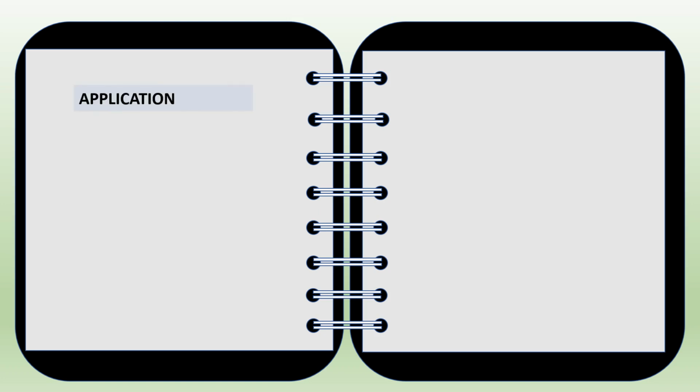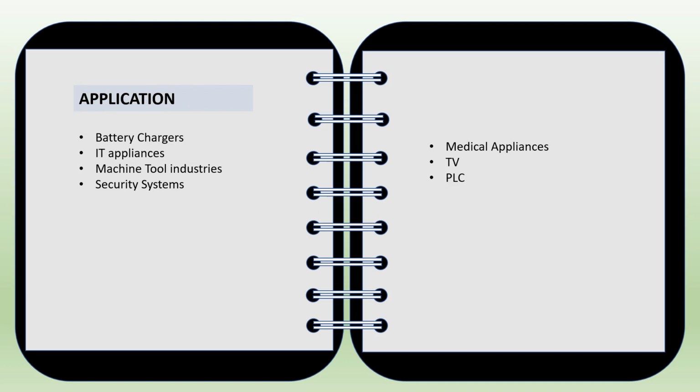Then applications. What are the applications? There are many applications of SMPS. Few of them are, first one is battery chargers. You can see your daily use mobile charger, which is nothing but SMPS. And then different battery chargers, lithium ion, lead acid battery chargers. After that, IT appliances. In your daily computer use, there are SMPS.